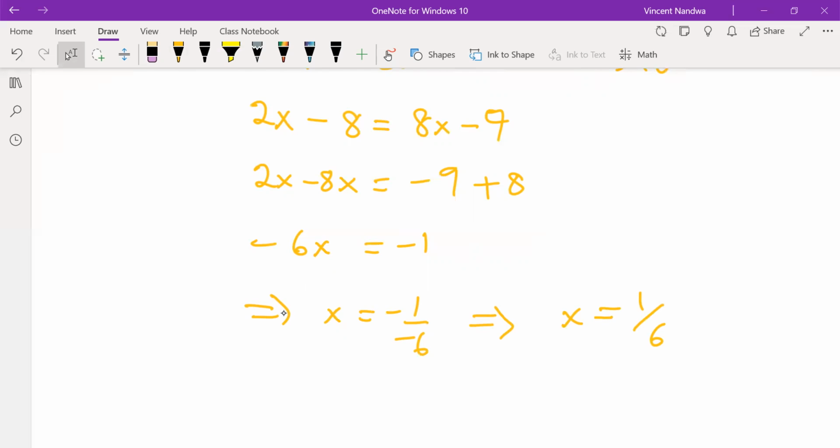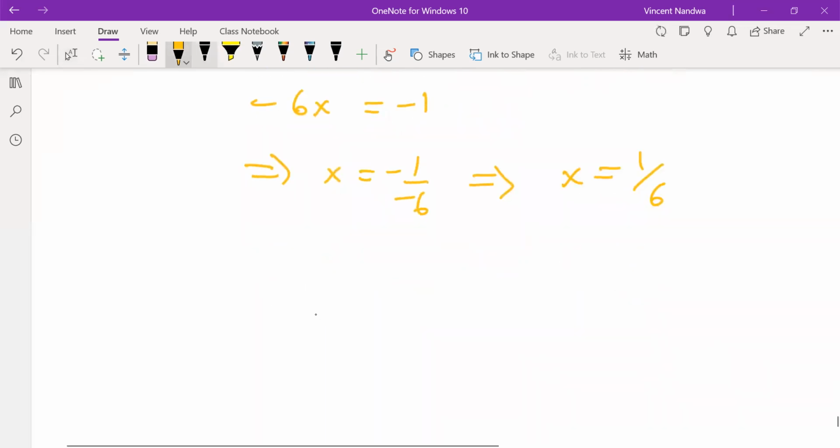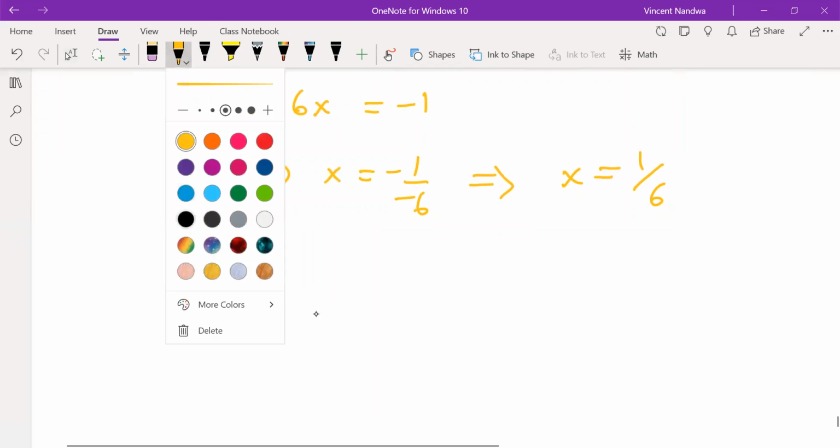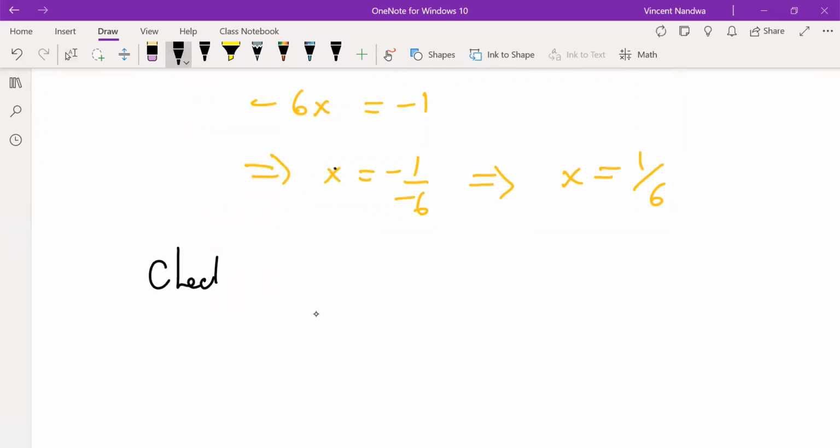And you can always confirm that solution before you go to the next question, so that you can be sure that the two sides are balancing, with x equals 1 over 6. So, quick check. We had (x plus 2) divided by 2 minus (x plus 5) over 3, so I have (1 over 6 plus 2) divided by 2 minus (1 over 6 plus 5) over 3.